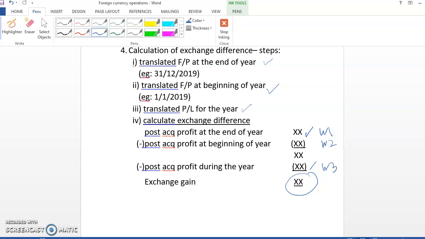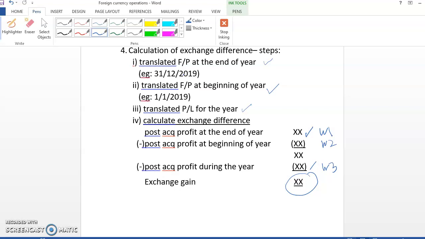That's why in your solution, for property, inventory, everything, they use the rate of 2. Rate of 2 is the rate at the end of the year, because you translate on the 31st December, year 7. Your ordinary shares and pre-acquisition retained profit use the rate on the acquisition date.